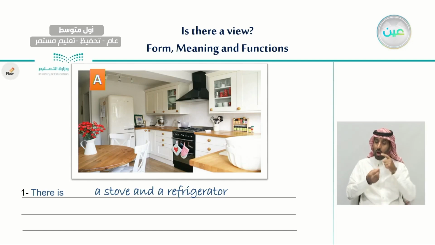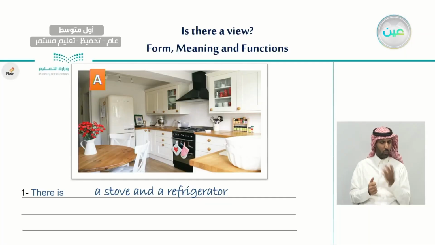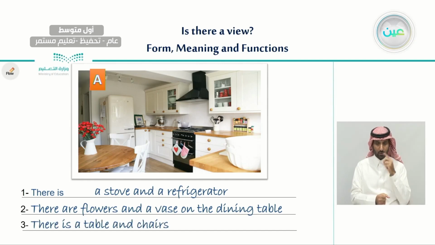Number two: there are flowers and a vase on the dining table. The third sentence: there is a table and chairs.